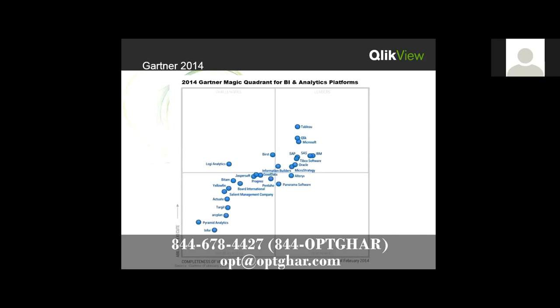We have four quadrants: niche players, visionaries, challengers, and leaders. Qlik has ranked in the leader quadrant four consecutive years, and there is very tough competition. Also, very recently Qlik launched in September another product called Qlik Sense. So there are two products under the Qlik umbrella.